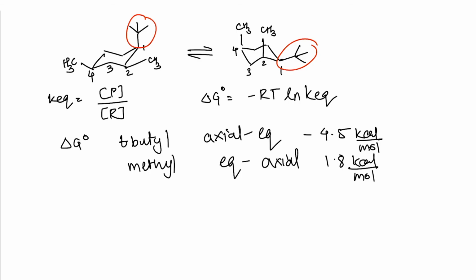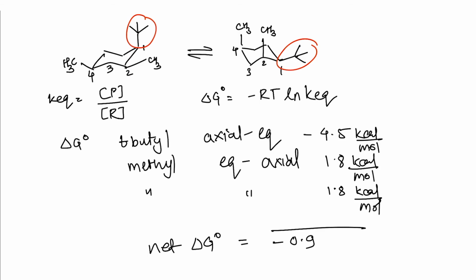The same way I have another methyl group going equatorial to axial, another 1.8 kilocalories per mole, right. So, if I sum it up together, the total net delta G0 of this particular reaction is going to be minus 4.5 plus 1.8 plus 1.8, getting close to minus 0.9, right.